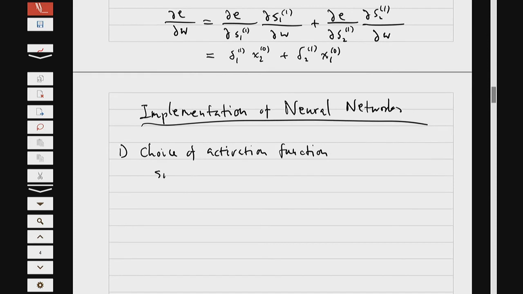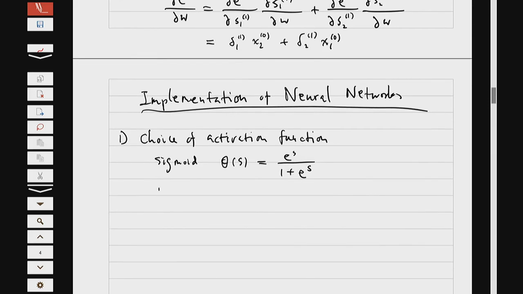We already know a few already. Sigmoid is the one that we have seen. It's a curvy shape going from 0 to 1. And then we also say, well, if you want to have negative values as well, which carries double the information, right?